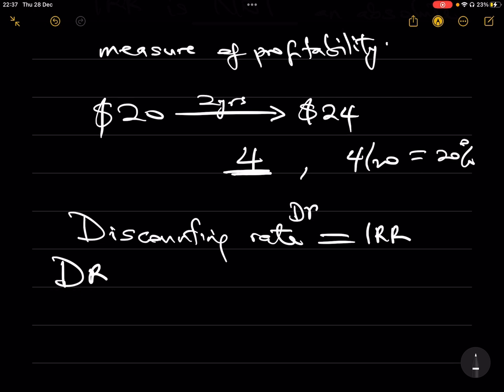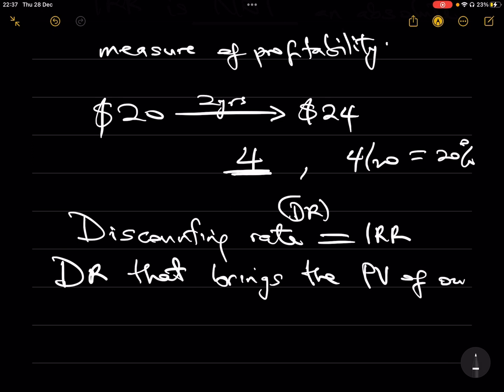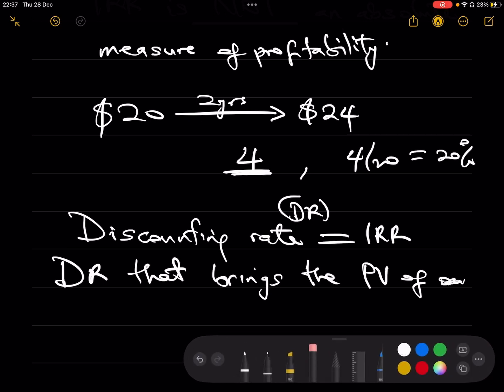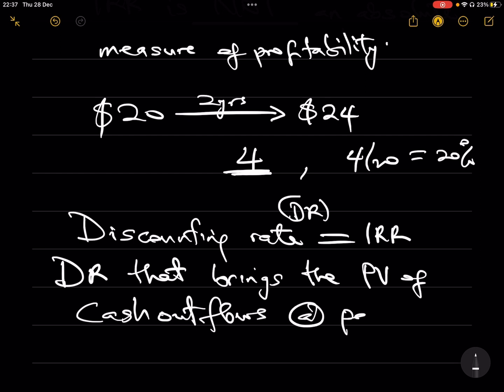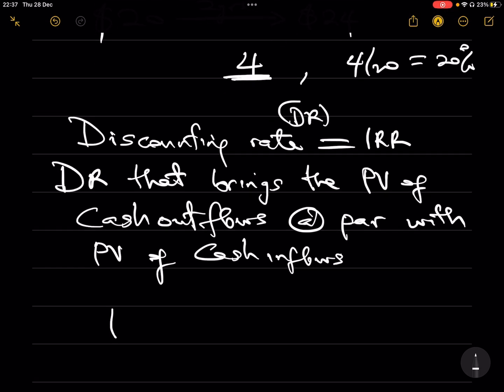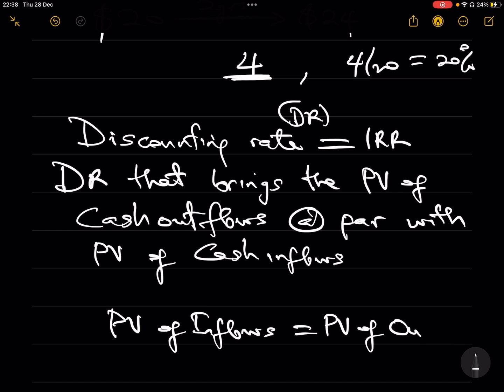Take note, discount rate is DR. It is the discount rate that brings the present value of cash outflows at par, which means equal with the PV of cash inflows, which means PV of inflows equals PV of outflows.